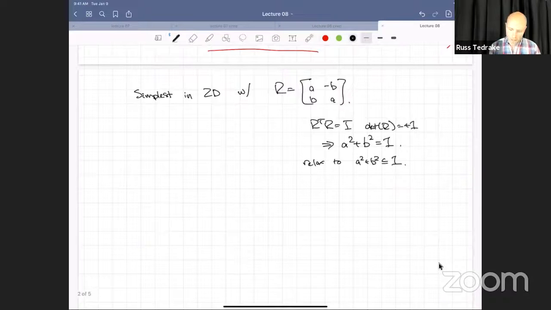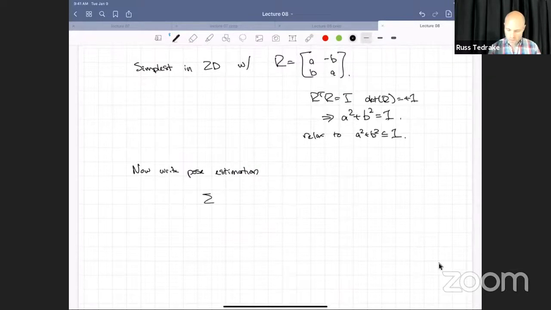So now we can write our pose estimation as whatever sum we like, Cij, for instance.